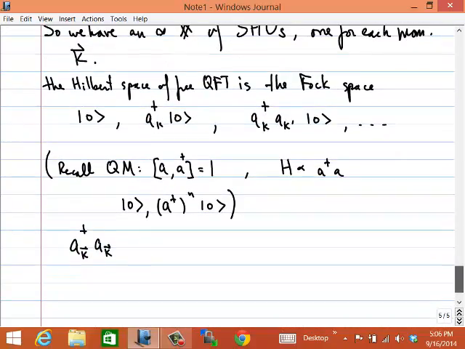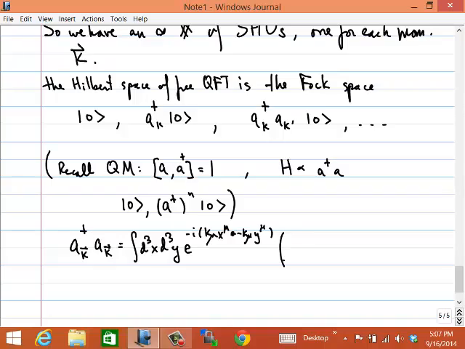So a_k times a_k dagger, you get an integral d^3x, an integral d^3y, times an e^{i k_mu x^mu}. Let's write it this way: you get a minus k_mu x^mu from the a_k dagger, and then a plus k_mu y^mu from the a_k.